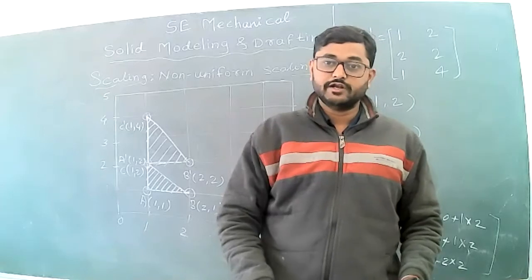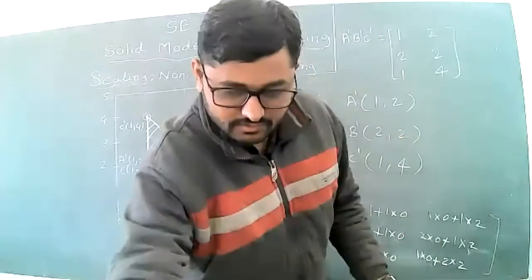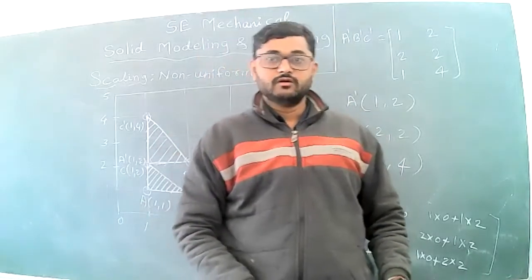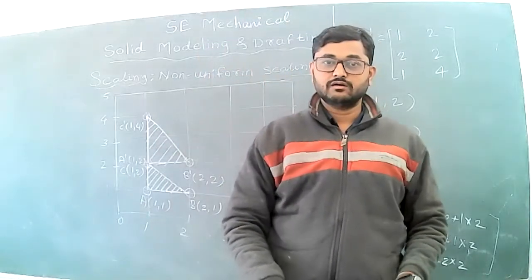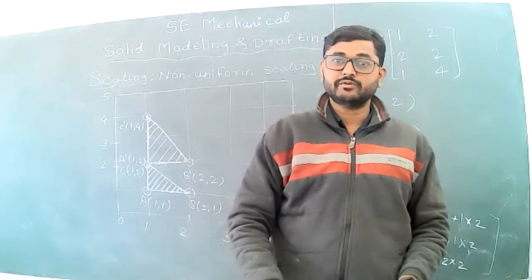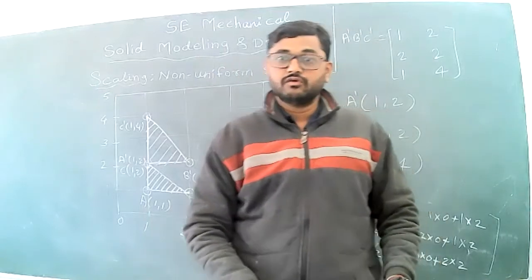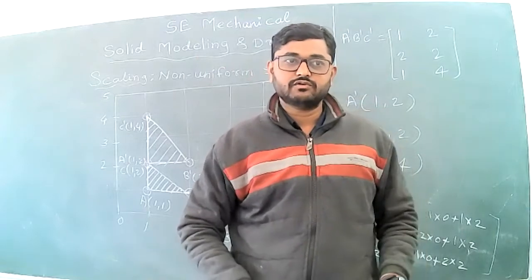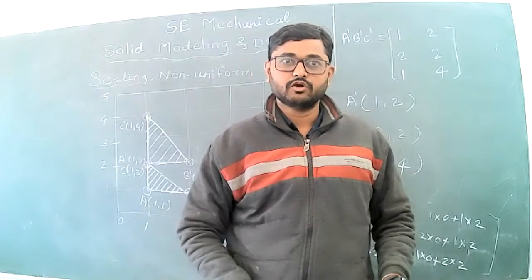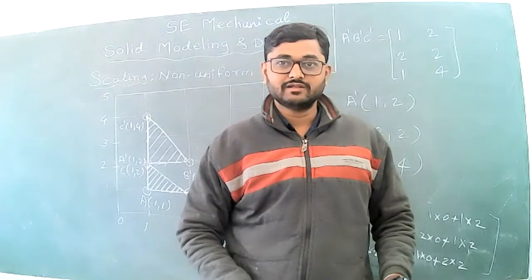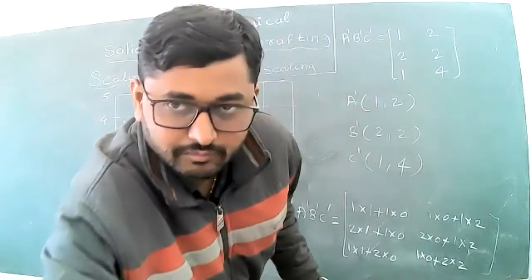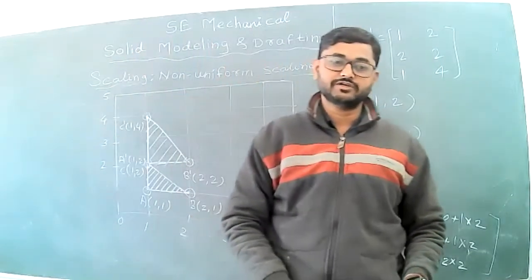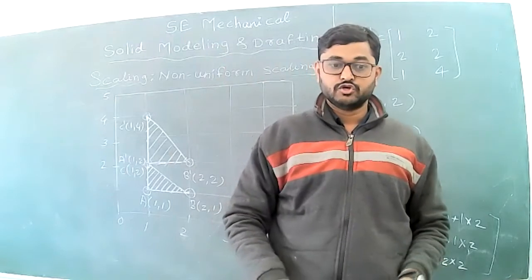The next topic is reflection. So these are the important two-dimensional geometric transformations, and we have covered the theory part of translation, rotation, scaling, and this last type of two-dimensional geometric transformation is reflection.